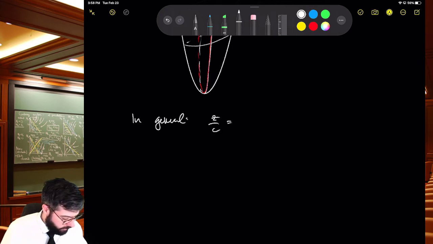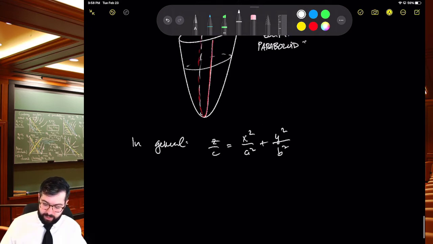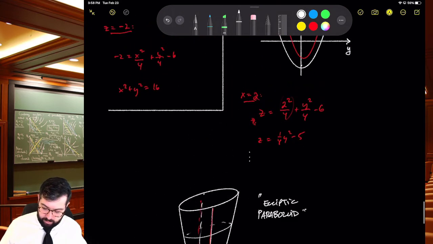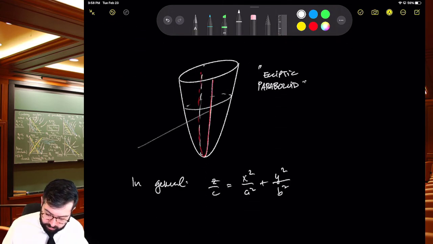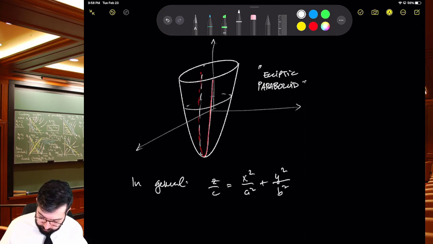z over c equals x squared over a squared plus y squared over b squared. And here we had this constant where it's just been shifted down by 6. So if these are my axes here, this has just been shifted down to z equals -6.